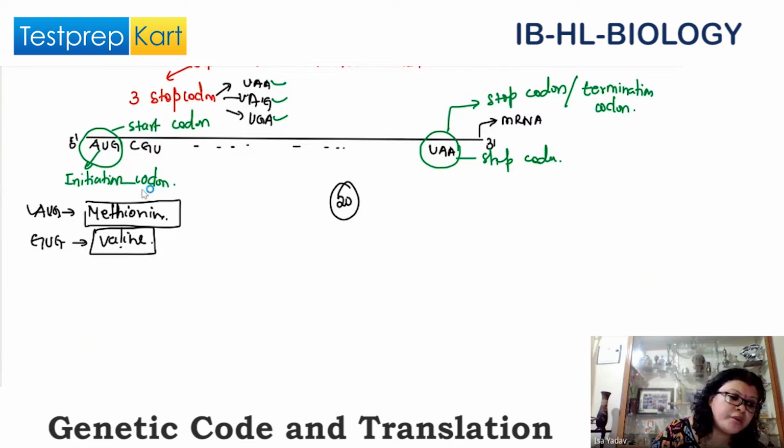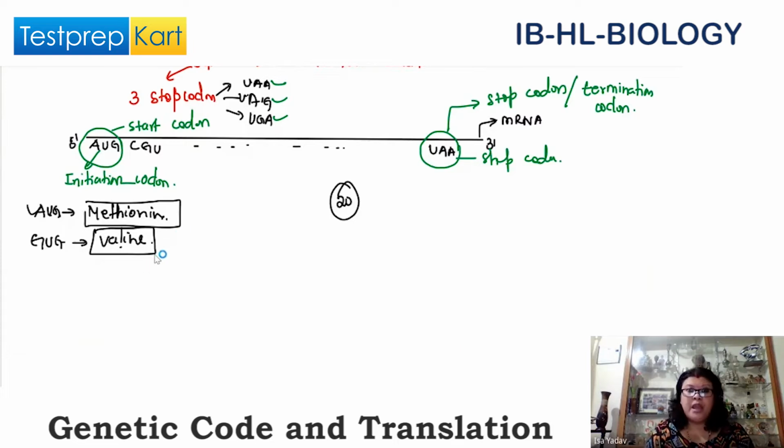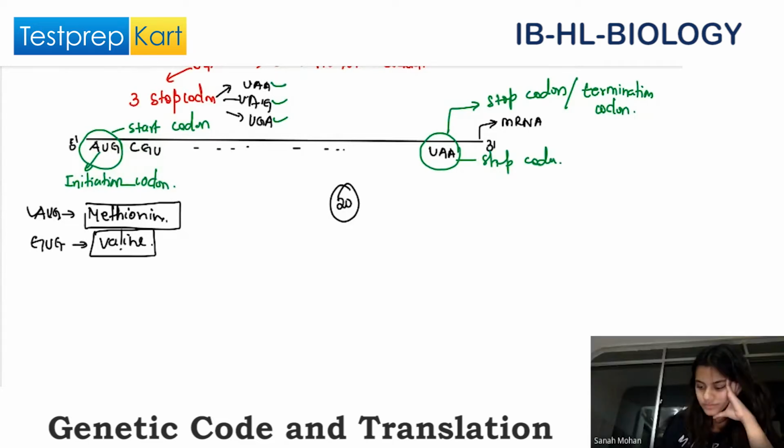So the 20 amino acids are coded by different triplet codons, not the same triplet codon. Have you understood this? Any doubt? No.